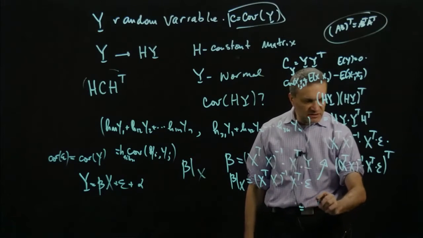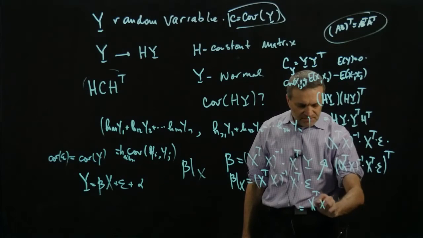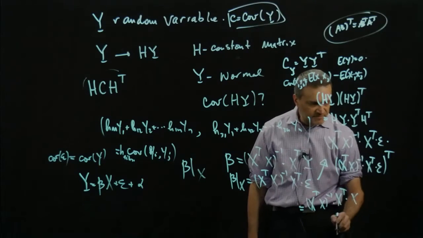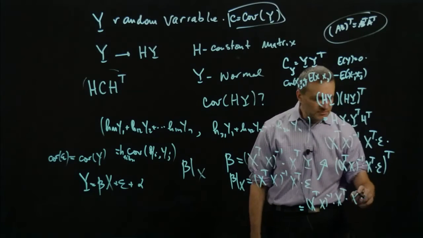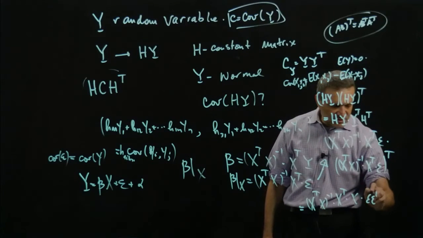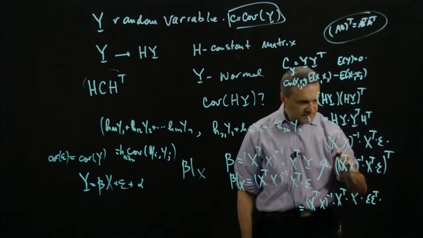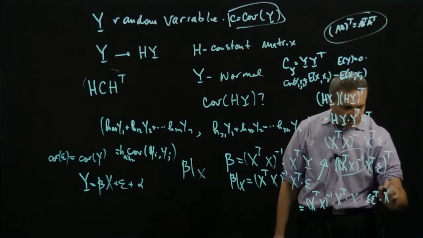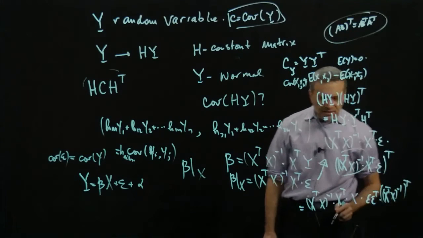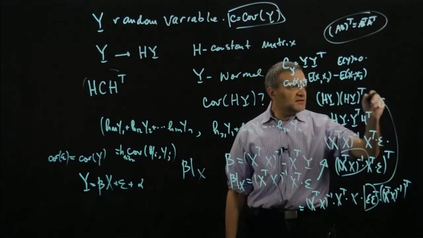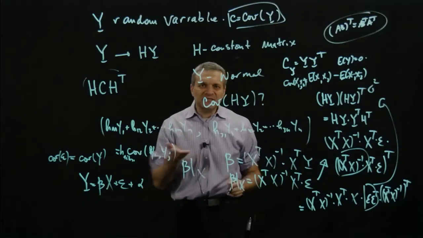Well, you get something very interesting. You get X transpose X inverse times X transpose, times X, and now epsilon times epsilon transpose, and now times this part, X transpose X inverse transpose. Now, observe that this guy is actually sigma squared, so it's a diagonal matrix.